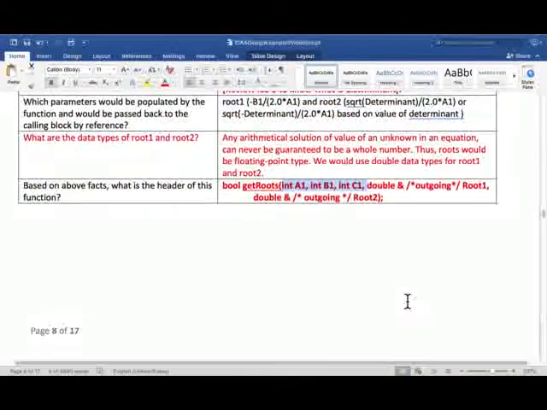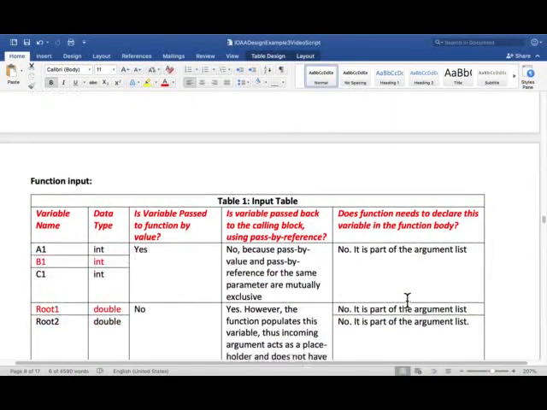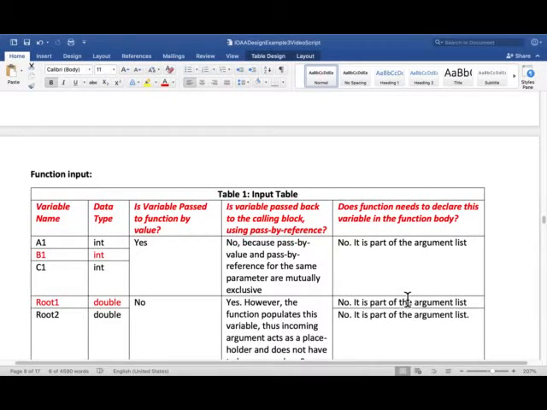Now we go to see what are the function inputs. Input could be populated variables or just placeholders. So we have three variables of the same nature, a1, b1, and c1. They are int type and they are all passed by value.